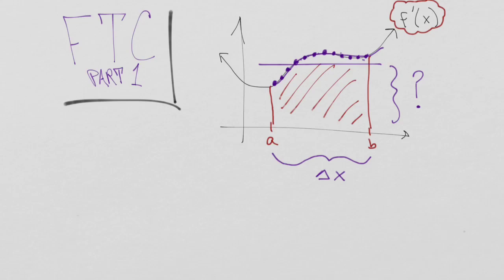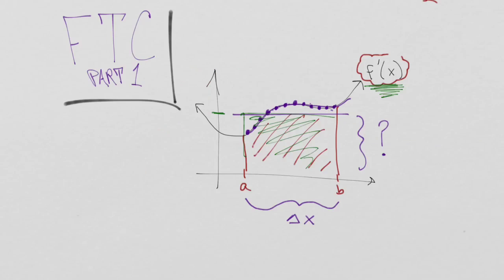So what I'm asking you to believe right now is that if I take the average output value, or the average value of f prime of x, I will get some constant that I could then use to calculate the area.